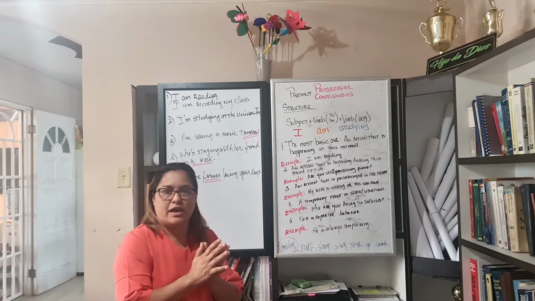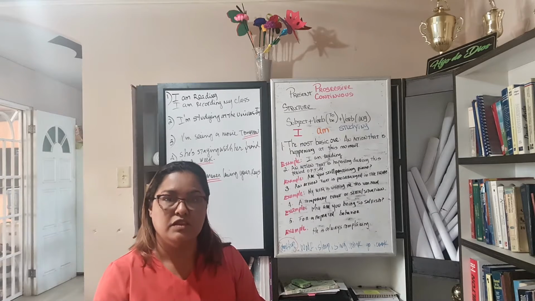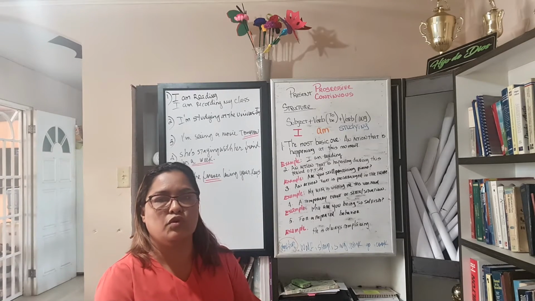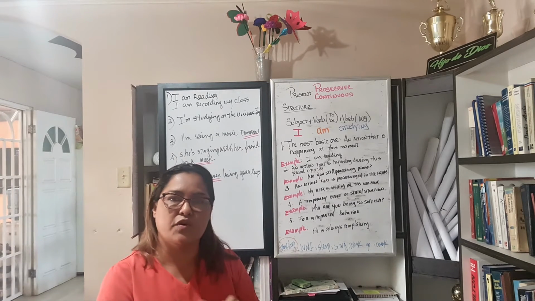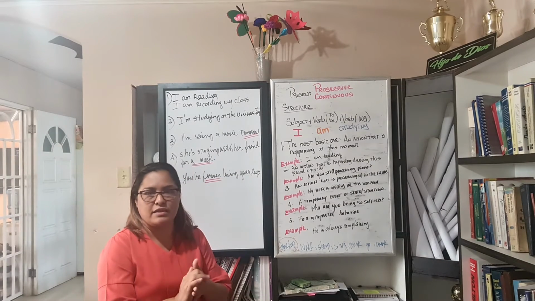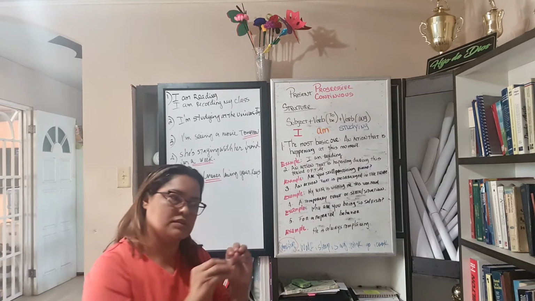Okay, so anything where the schedule is prearranged, is pre-planned, you're almost 100% sure it is going to happen in the future, you can also use the present continuous, present progressive, in this way.